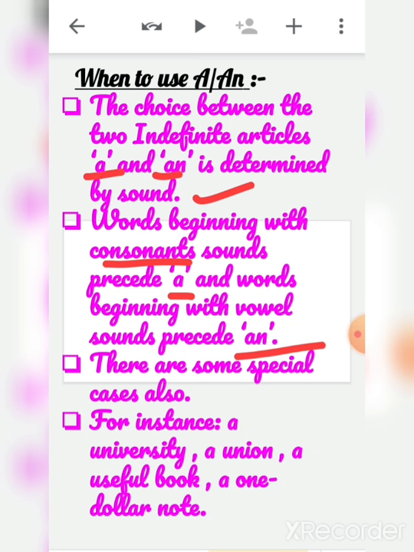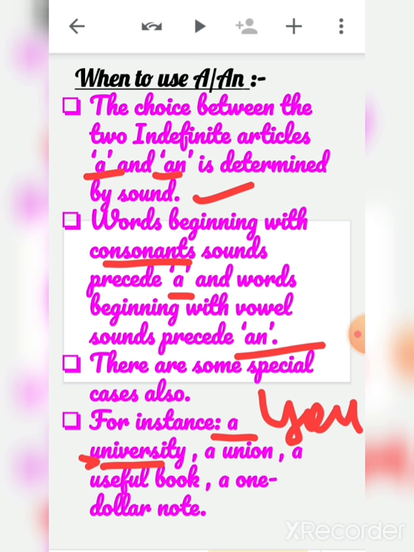There are some special cases also, for instance, a university. Now here, children, U is a vowel, then we should have written an here. Then why have we written a? Because we are not getting a vowel sound, we are getting a consonant sound. A university, we are getting a yoo sound. And if I say an umbrella, we are getting an uh sound, right?